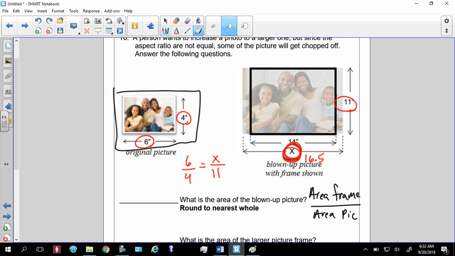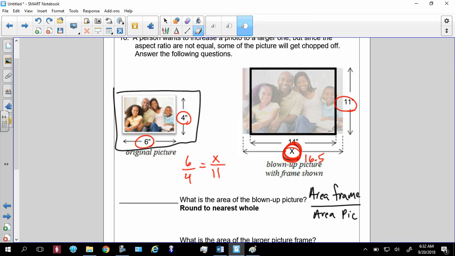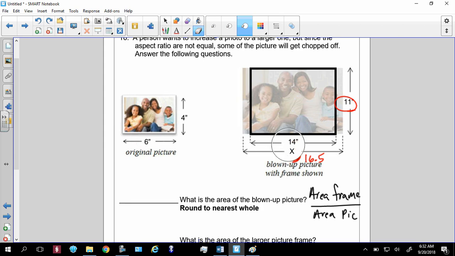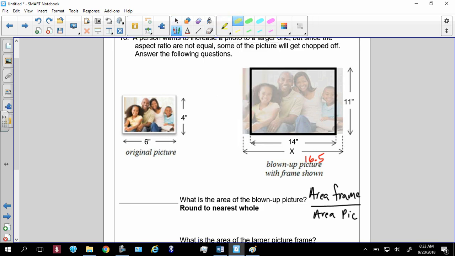Now, let me clean this up a little bit. Just a little bit of information overload here, okay? Now, here's what I need you to understand, guys. Let me see if I can do a highlighter to help out. This is the width of the frame.